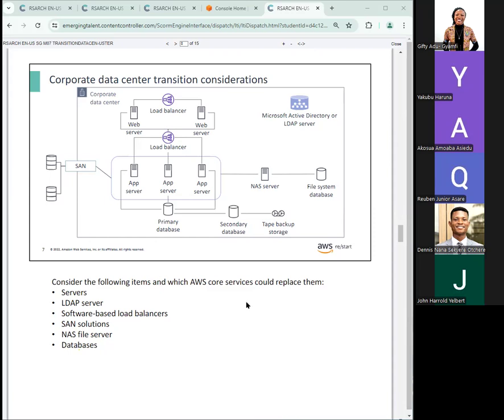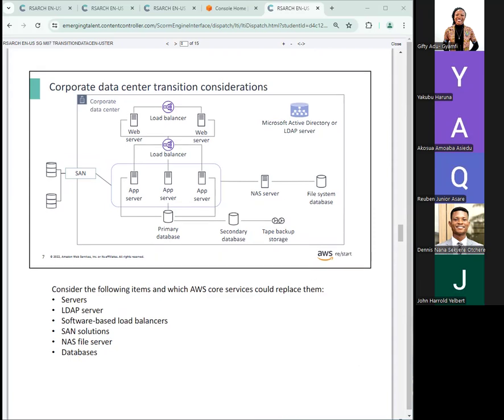With the load balancer, I was expecting Yakubu to talk about it, because he has mentioned load balancers in this class before. Okay, so AWS has a service called Elastic Load Balancing, and you have the application load balancer and the network load balancer. We'll look at those later this week. What it essentially does is distribute traffic as evenly as possible.